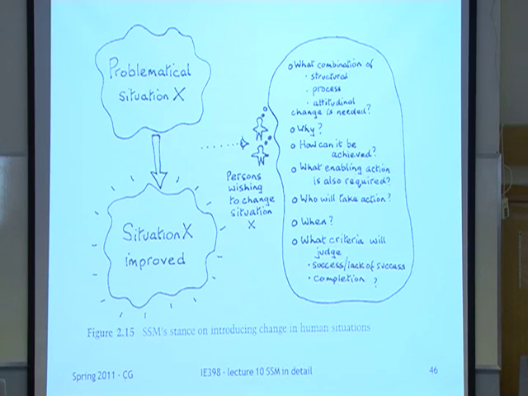What combination of structural, process, and attitude change is needed? Why might these changes be desirable? How can these changes be achieved? What enabling action is also required? Do you understand this? Enabling action.